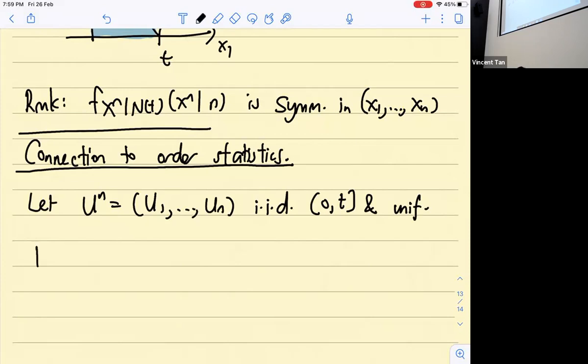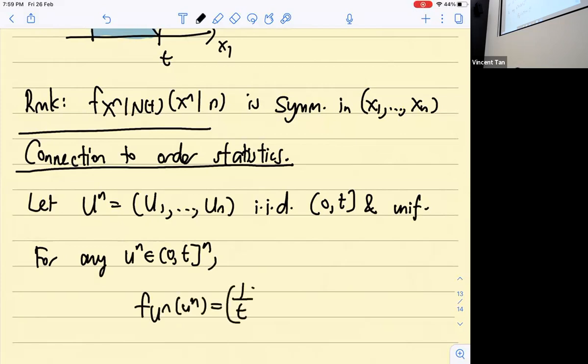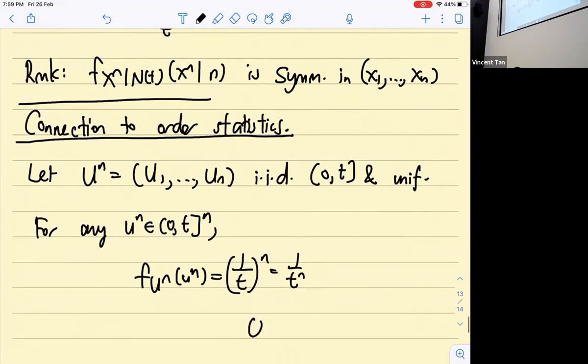To be precise, for any u1 up to un in (0,t], we have that f of u1 up to un is equal to 1 over t to the power n, whenever 0 is less than ui is less than or equal to t for 1 less than or equal to i less than or equal to n.